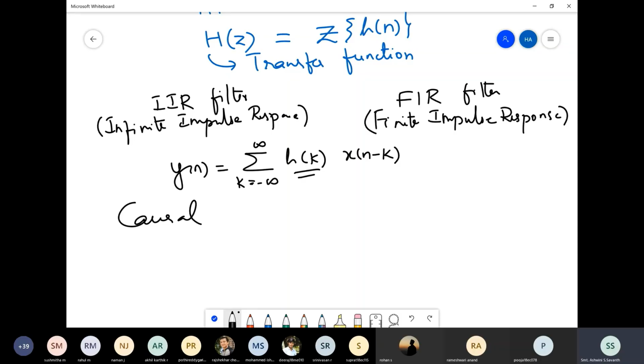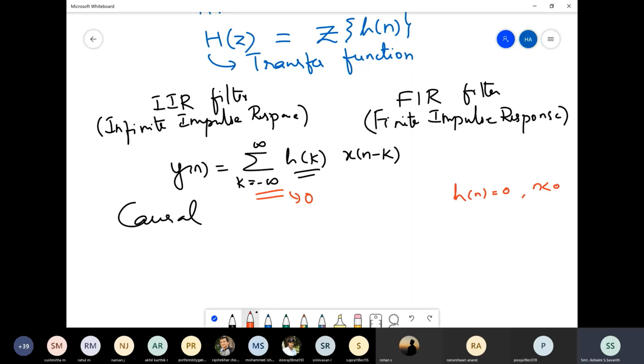So what happens to this lower limit? It becomes 0, right? Why? Because h of n will be 0 for n less than 0. This is the condition for causality. You have to go back to your impulse response characteristics which we had discussed.